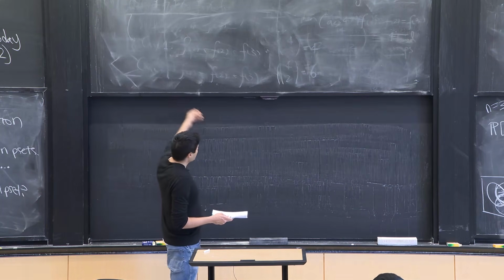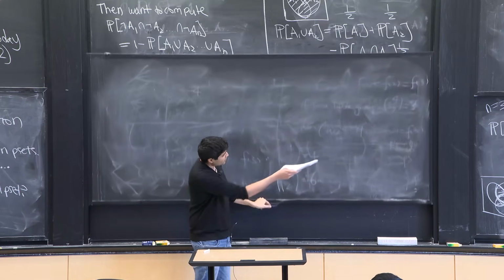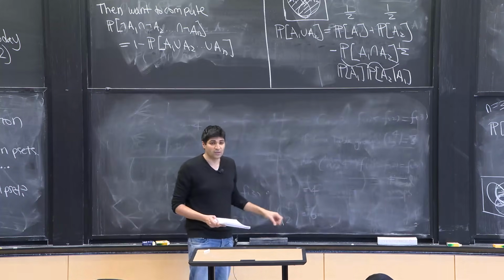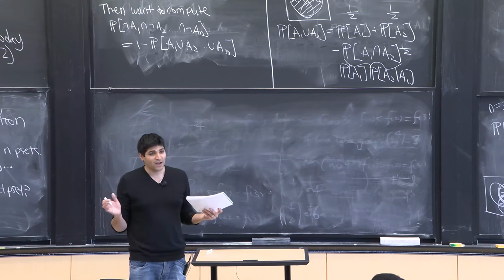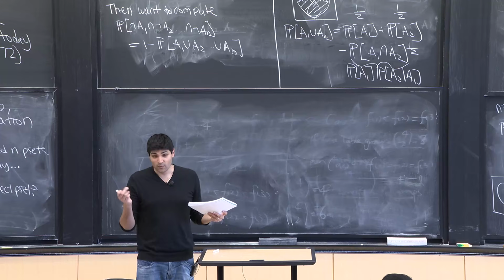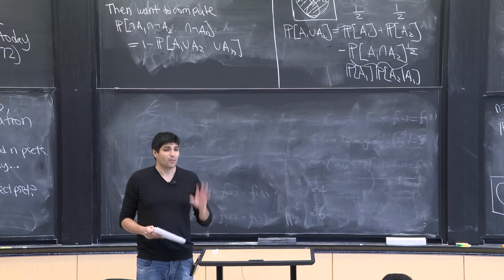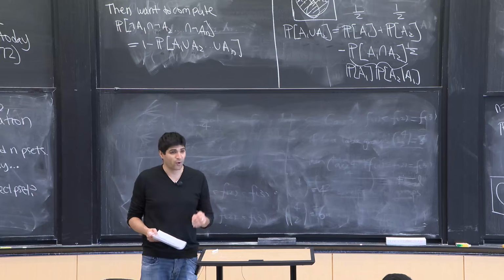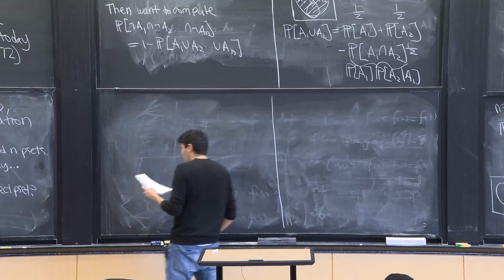So what I'm going to do is guess what that formula is just by trying to extend the pattern that I've seen for the n equals 2 and n equals 3 case. That guess will be correct, and we'll check. We'll use that formula to compute what the answer to our challenge problem is, but then we'll go back and prove that formula.